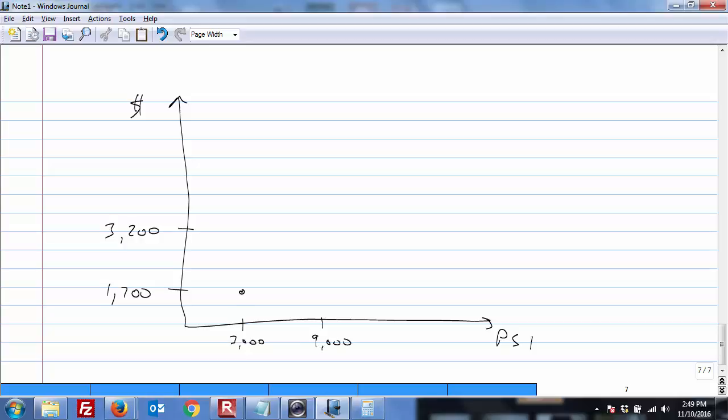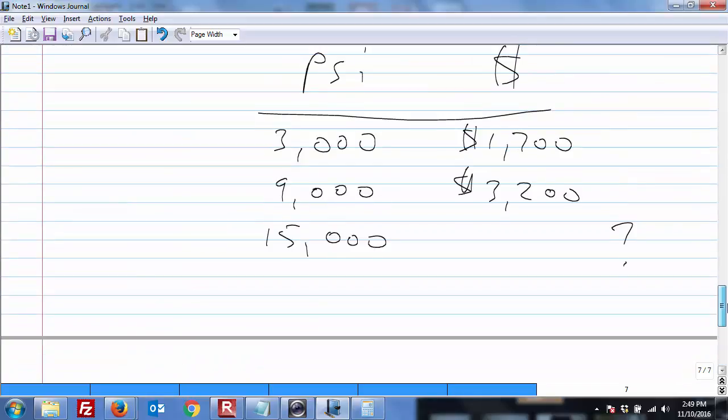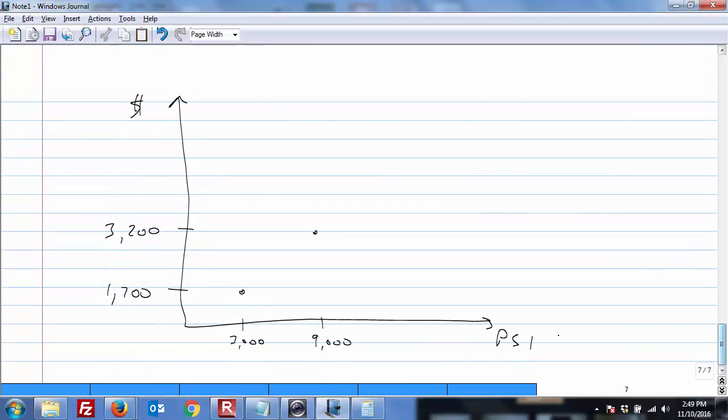So here are our 2 points, and what we're looking for is for 15,000, which I'll just put way out here. Visually we can see that it's right about there, but now we want to get that number.